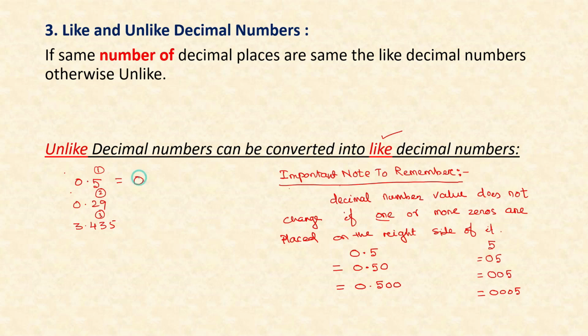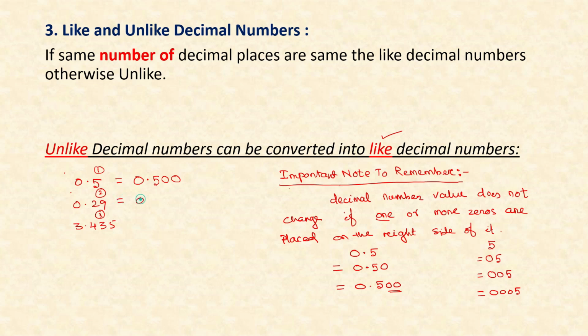For example, now it is written as 0.5. How can I convert it to 3 decimal digits? Simply I will put 2 zeros here, because as we know from this definition, if I put zeros on the right-hand side of any decimal number, it doesn't change the value. So I can simply write 0.500.